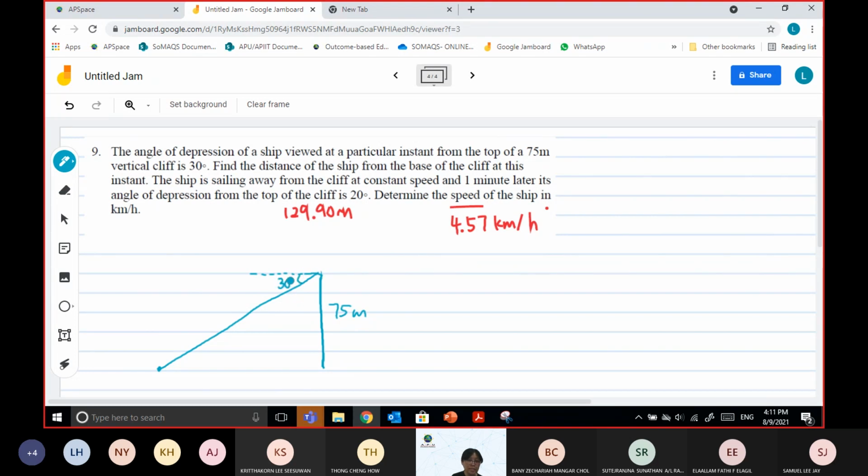So here is 30 degrees, and this is the bottom, 90 degrees. Then find the distance of the ship from the base of the cliff at this instant.